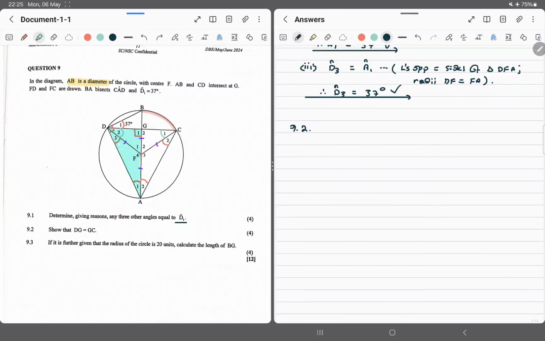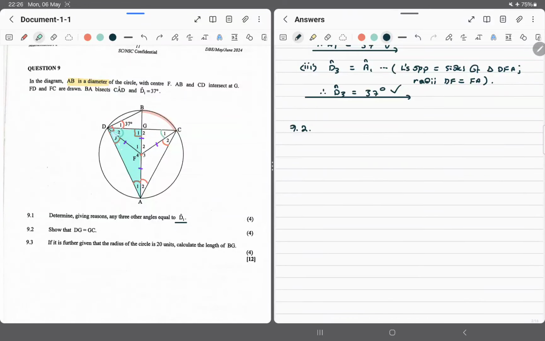So this is this triangle DGA that we have to look at. So we already know A1 is 37, we know D3 is 37, but we also know that that whole angle is 90 degrees.